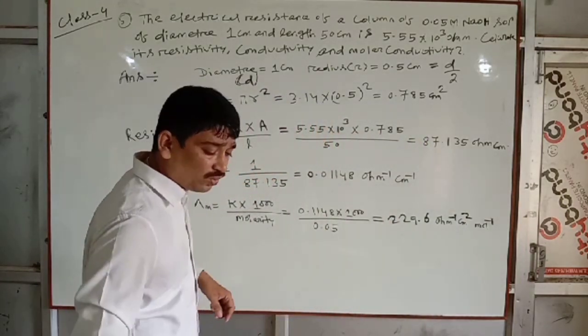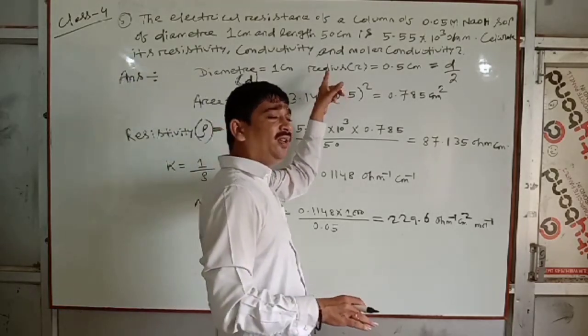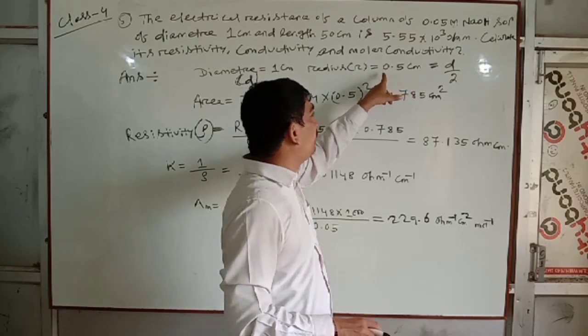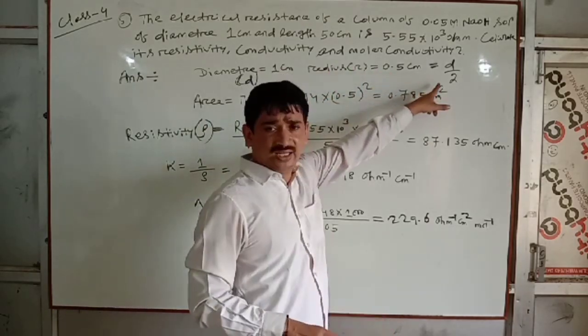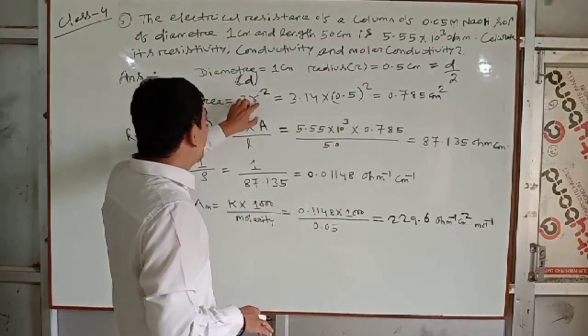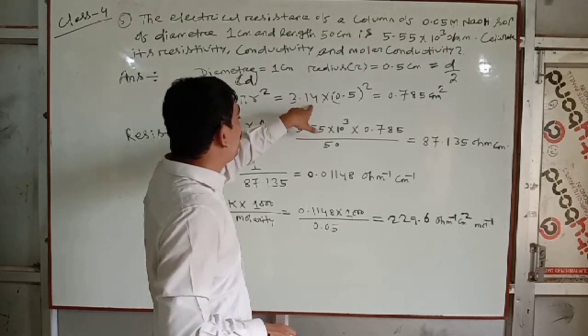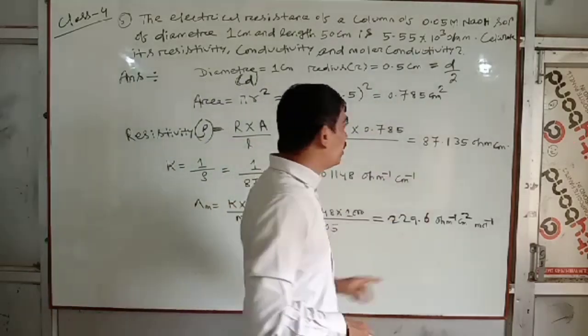So first in this question what we have calculated? Diameter is given, radius we have to calculate. Radius is d by 2, that is 1 by 2, 0.5 centimeter. Next is area equal to pi r square. Pi is 3.14 into r is 0.5 square, 0.785 centimeter square.